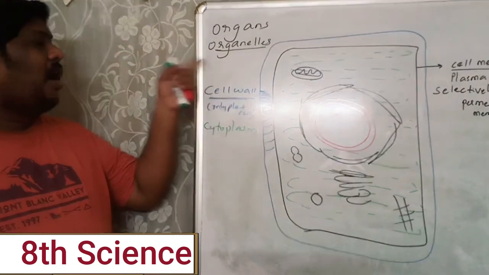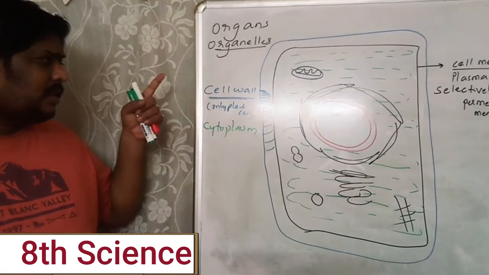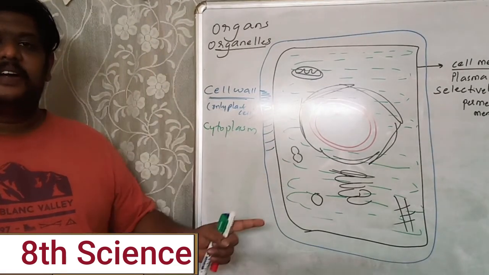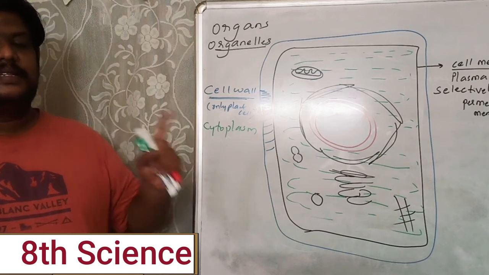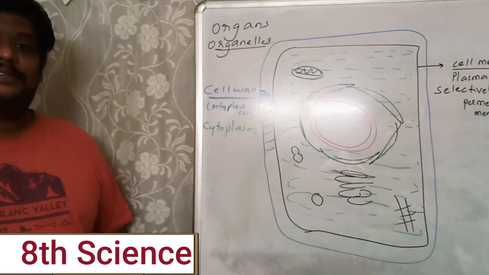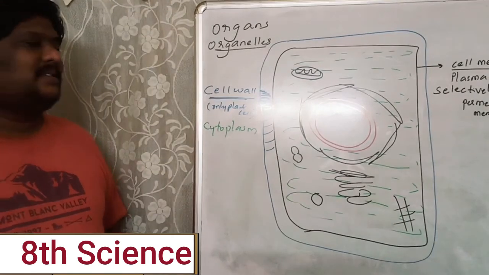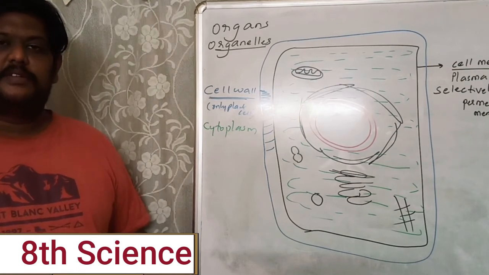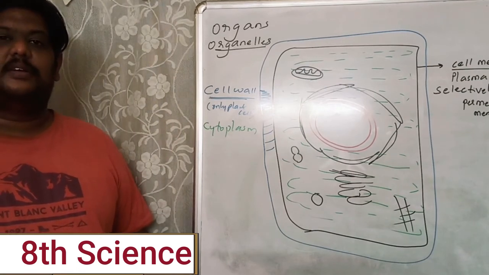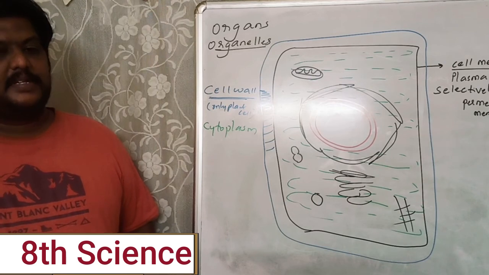So many organelles are present in the cell. About the cell and their functions, we'll discuss in the next class, your 9th class, where there is a special unit called the cell, its structure and functions. In that, we'll discuss all these things.